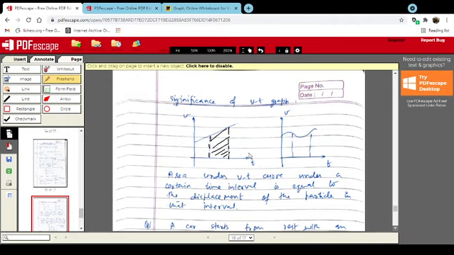The same goes for a case like this. Even if the velocity time graph is curved, the area beneath the velocity time curve is the displacement of the particle in that particular case.